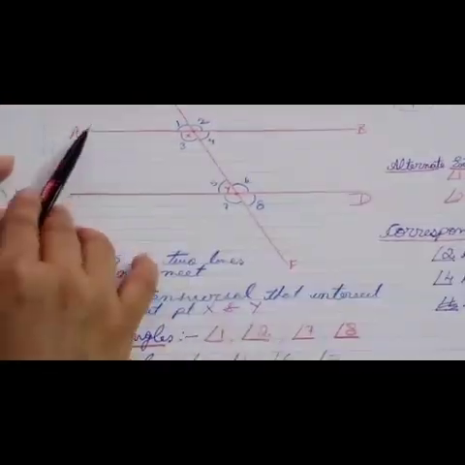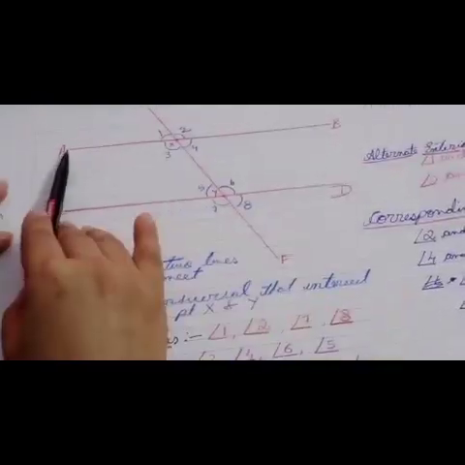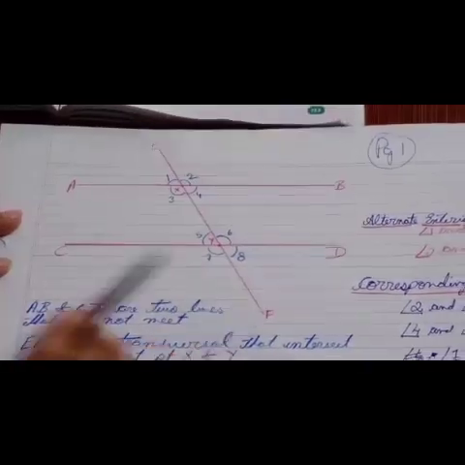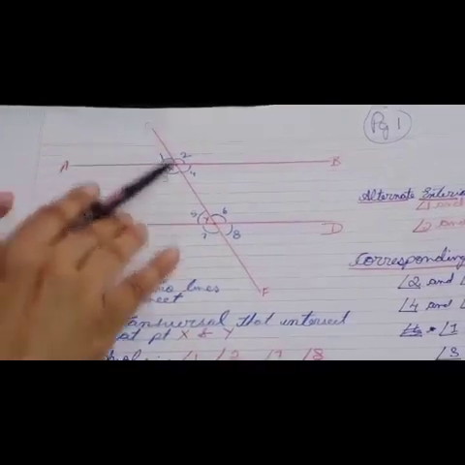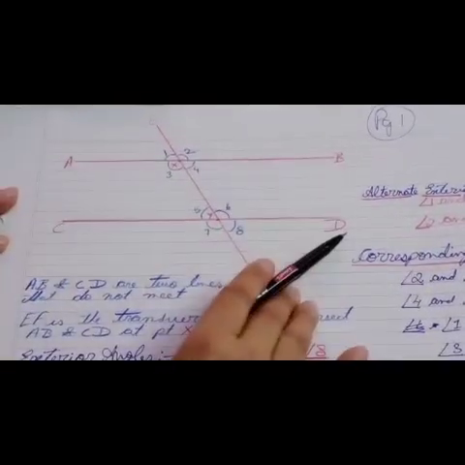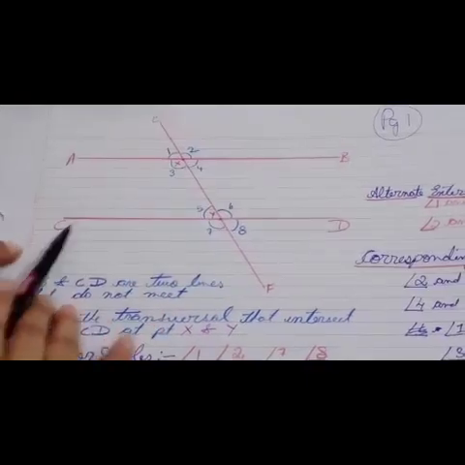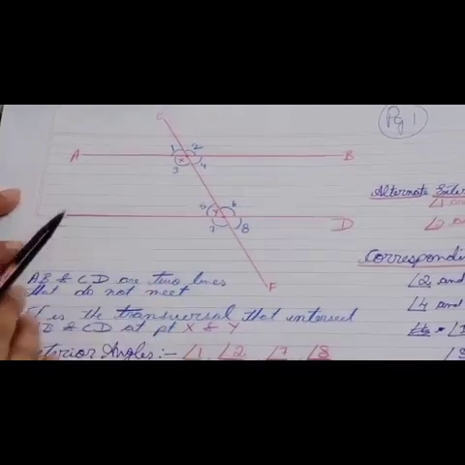Now, look here, children. AB and CD are the two lines which do not meet, and EF is the transversal. It is a line which passes through AB and CD and intersects AB at point X and CD at point Y. So X and Y I have written here.